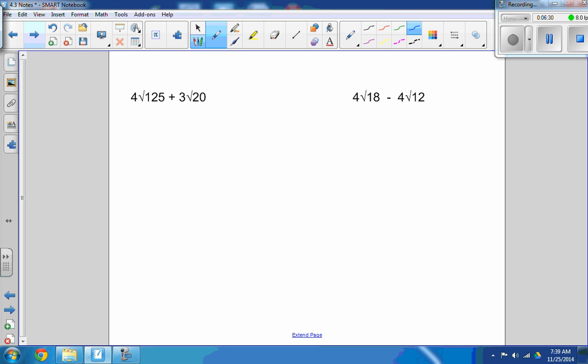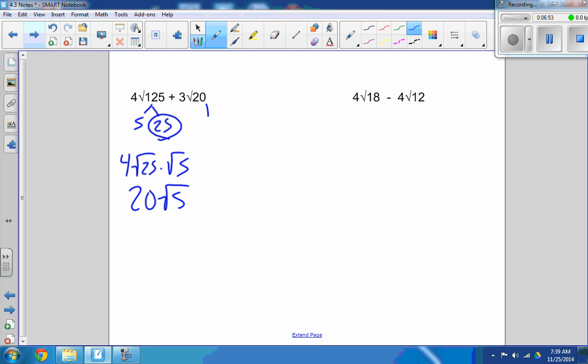Okay, let's look at these. Now, from just an initial look, it looks like we can't do anything with them. But let's go through the same thought process. Let's reduce these. Let's simplify them. 5 square root of 5. Square root of 125 is 5 and 25. We know that reduces. So that's 4 times the square root of 25 times square root of 5. So that's 4 times 5, which is 20 square root of 5.